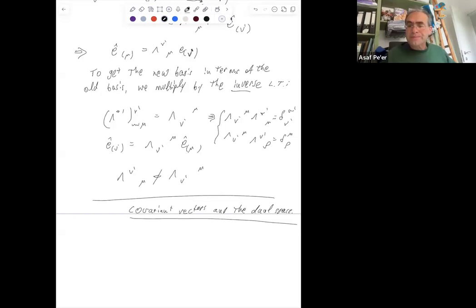Did I lose people? No, I think everybody's here. This notation of upper and lower indices ensures that when we sum, we're left with something which is unchanged, which is the vector itself.